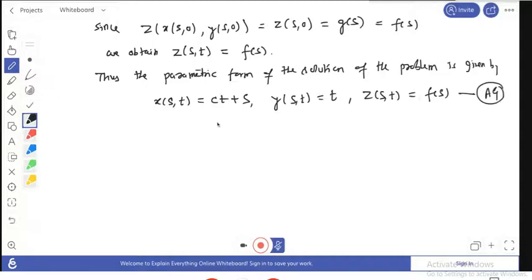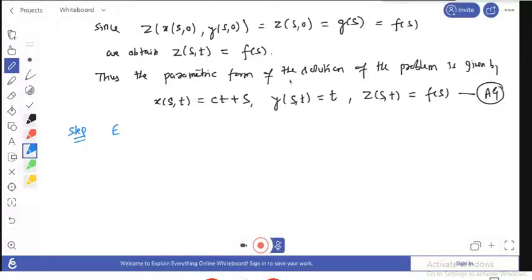Okay, so in this form, you can find the parametric solution of x in terms of s and t, y in terms of s and t, and z in terms of this thing. Okay, so last step, we have to now find the solution. Our solution is given in the form of x and y, so we have to find our solution in the form of x and y.